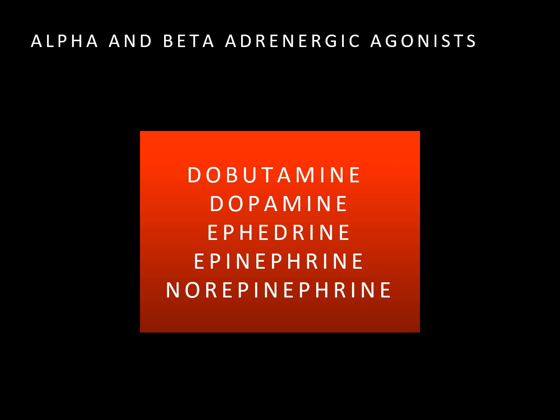Ephedrine is actually a naturally occurring herb, and the main ingredient in ephedrine can be synthesized as a medication. That one would be pseudoephedrine. You have seen pseudoephedrine. They put those in cold remedies, and that's regulated in over-the-counter medications. But in high doses, it does produce a dramatic vasopressive effect. And then there's epinephrine and norepinephrine.